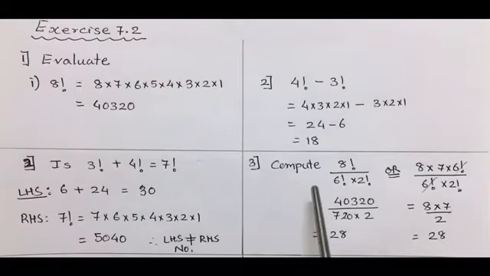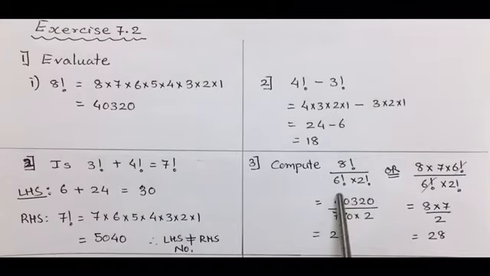Now third one is compute 8 factorial upon 6 factorial into 2 factorial. Now there are two ways of calculating. Calculating the 8 factorial complete value, that is 40320. Calculating 6 factorial by taking the product, that gives 720. And 2 factorial value is 2, as 2 into 1 is 2. Cancellation or division will give 28 as the answer.